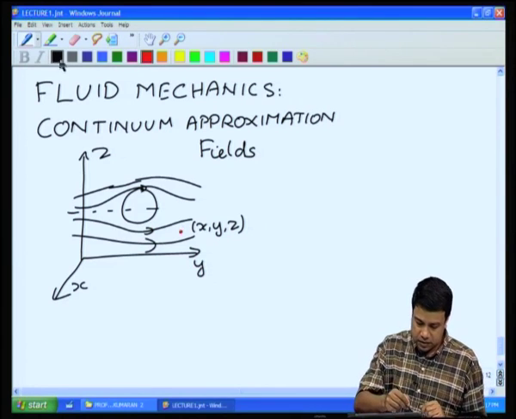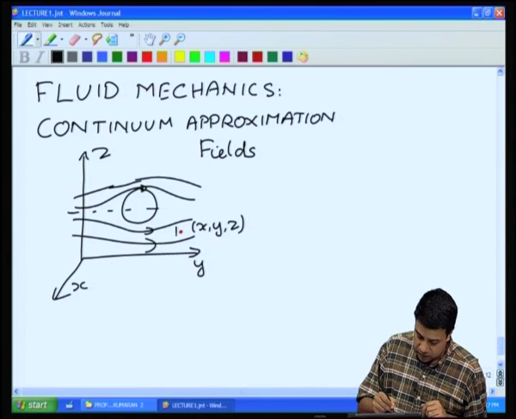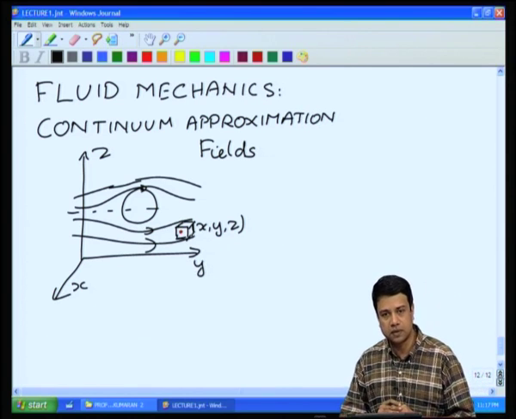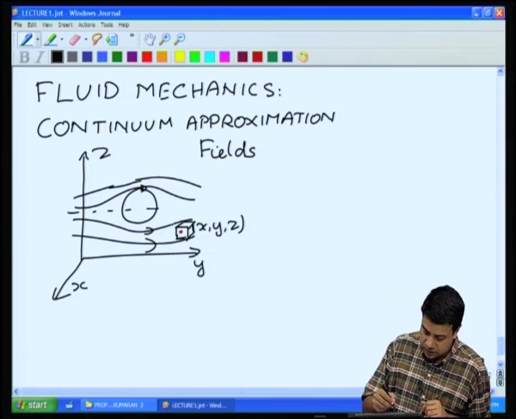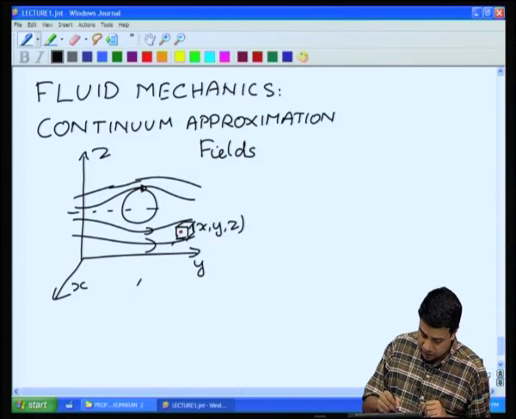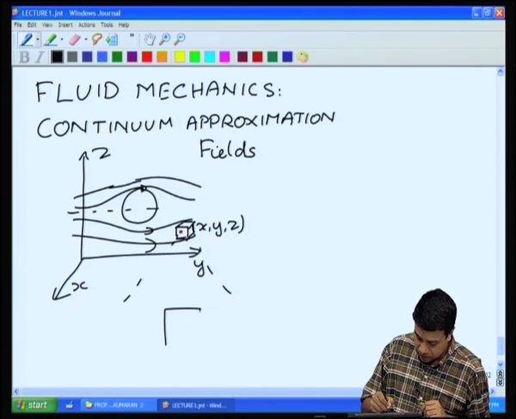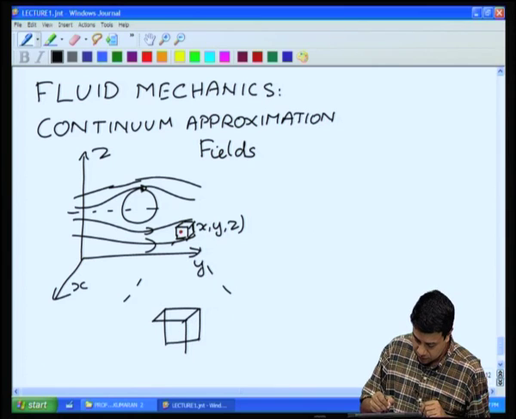What that means is that I go to this particular location, sit on this location, and construct a small volume around this location. This volume can be any shape.